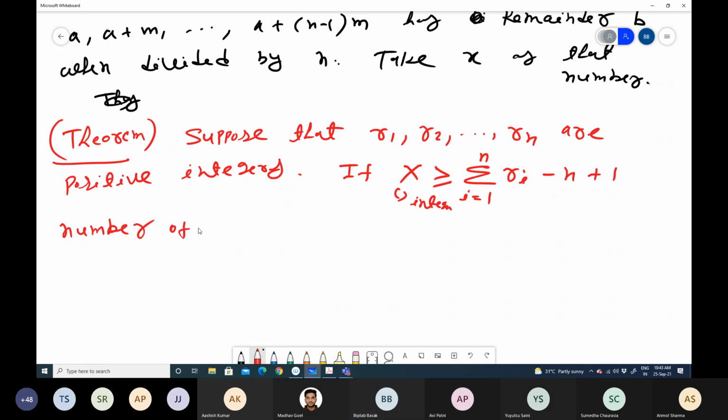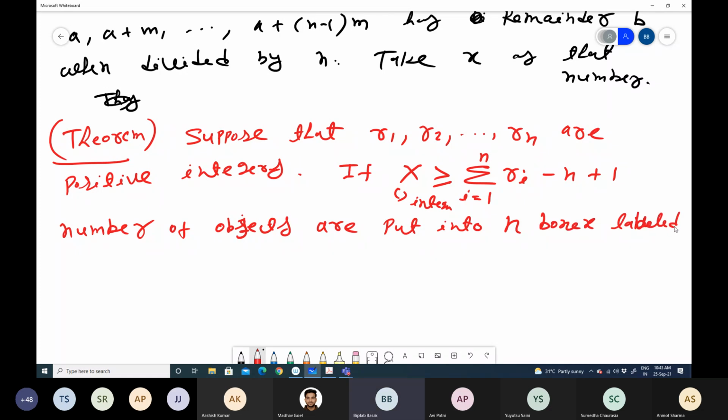that x number of objects are put into n boxes labeled 1 up to n.